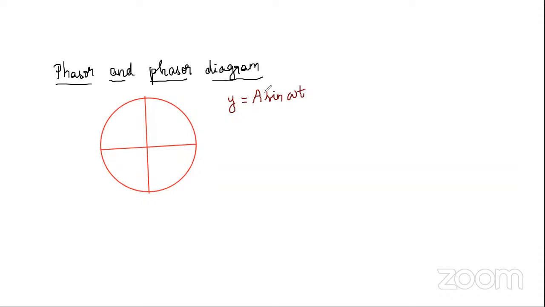Here a is the amplitude of simple harmonic motion, and the projection of this vector capital A is rotating with constant angular velocity omega. So this vector A, the amplitude vector A, I can show like this. It is rotating with angular velocity omega.